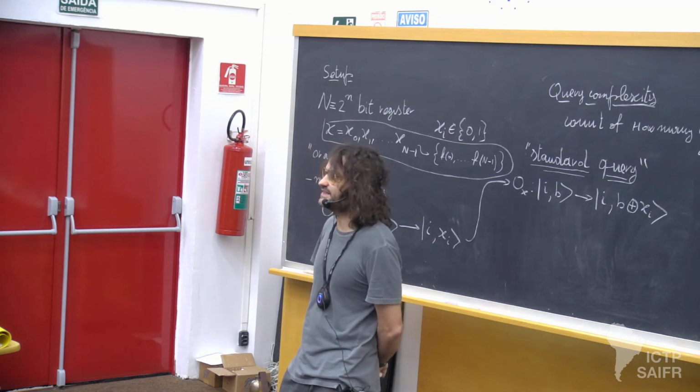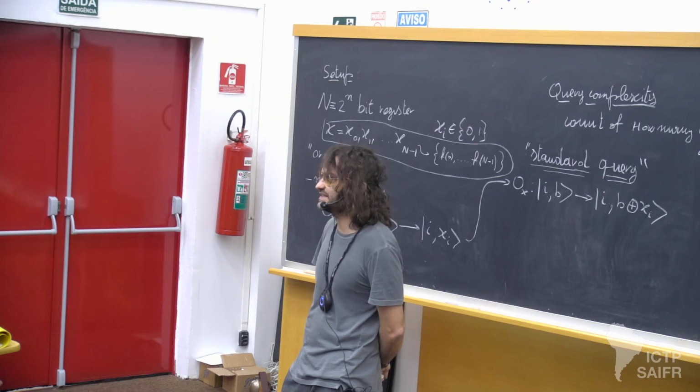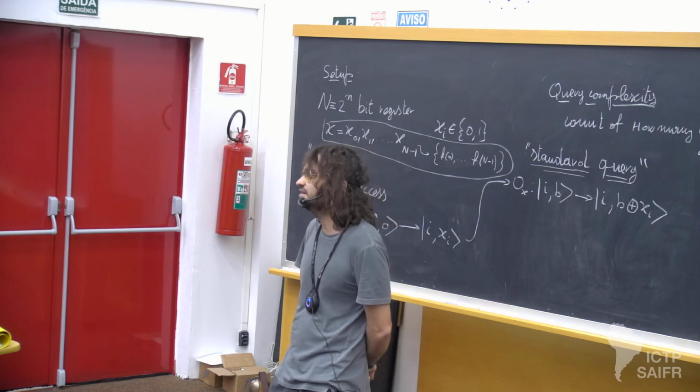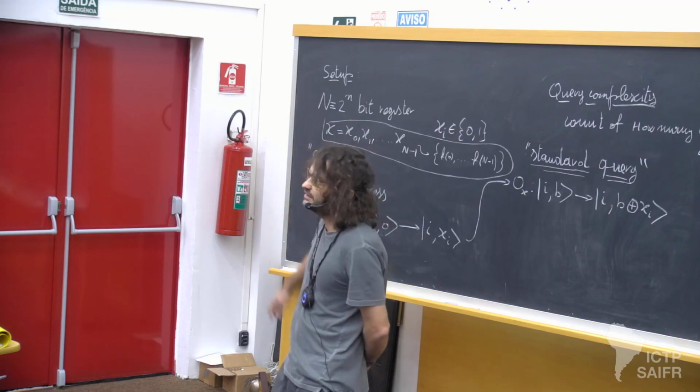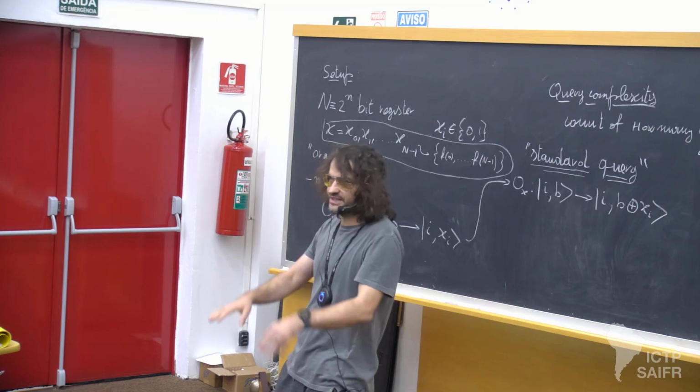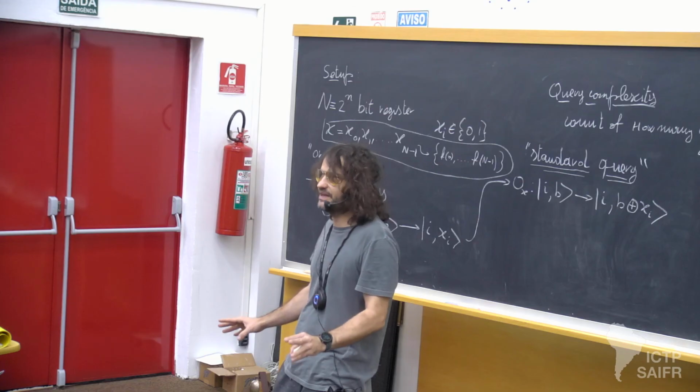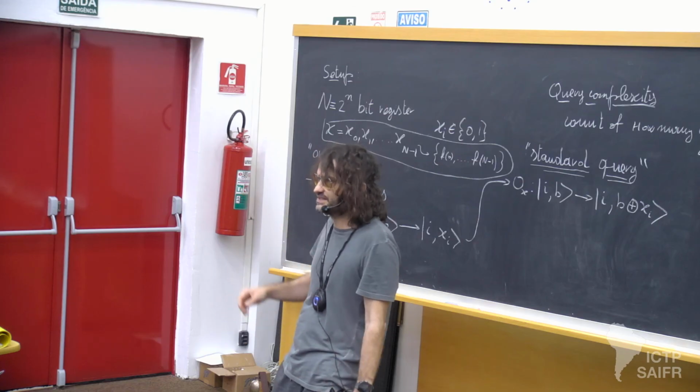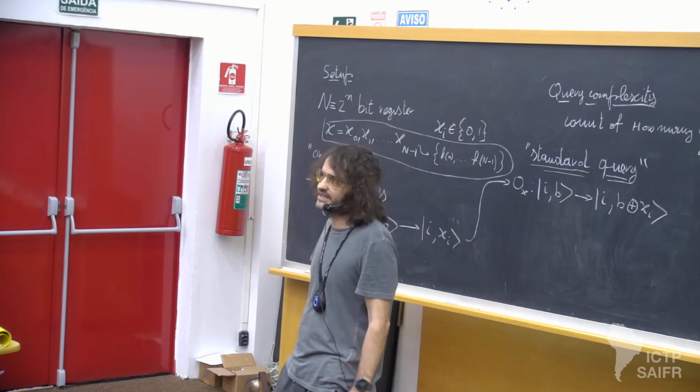You just know by the theorem that we mentioned at the beginning, plus the properties of the Toffoli gate, that whatever oracle can be implemented. And you say, okay, I know that it will be a pain, so I will count my complexity by the number of times I have to access this oracle.